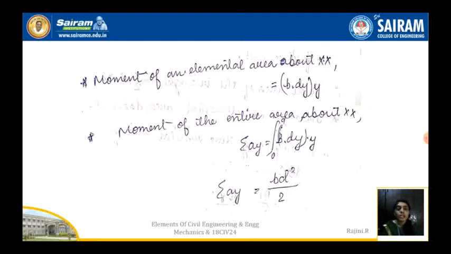The elemental area we got is b into dy into y, so I'm taking the integration from 0 to d of b into dy into y. If you integrate, you will get summation of ay equal to bd square divided by 2.